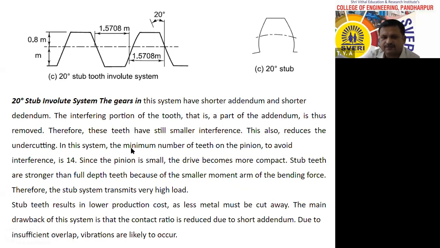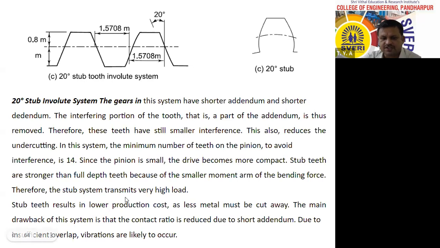In this system, the minimum number of teeth on the pinion to avoid interference is 14. Since the pinion is small, the drive becomes more compact. Stub teeth are stronger than full depth teeth because of the smaller moment arm of the bending force.